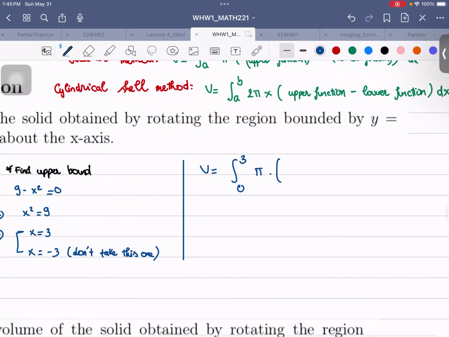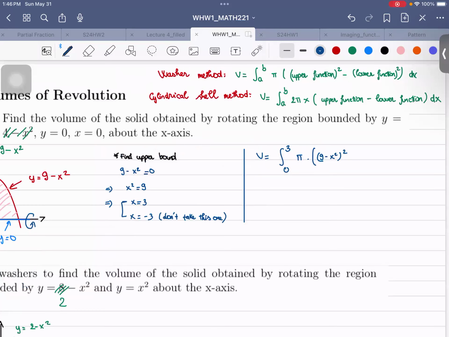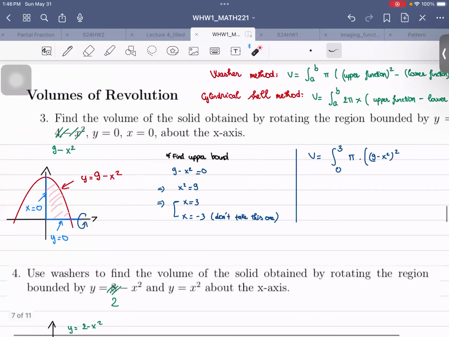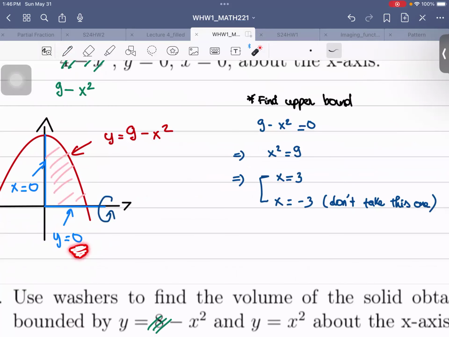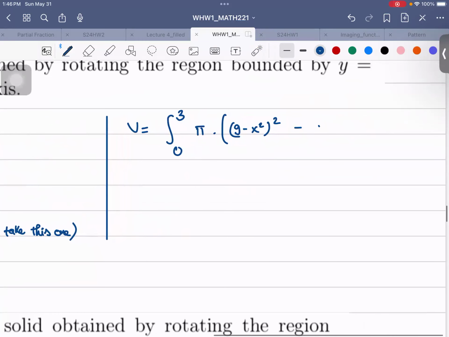The upper function squared will be 9 minus x squared, so I have 9 minus x squared, and then I square it. Okay, and subtract the lower function squared. The lower function is 0, so I have 0 squared, dx.